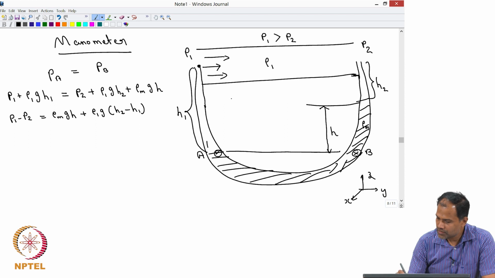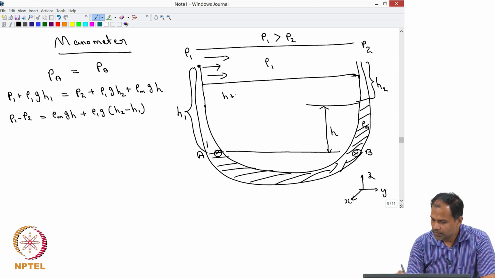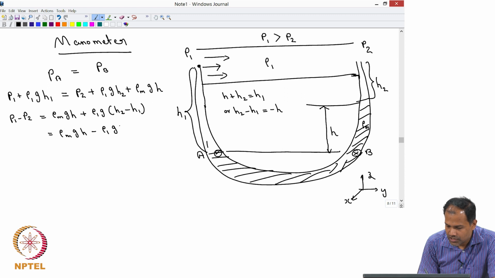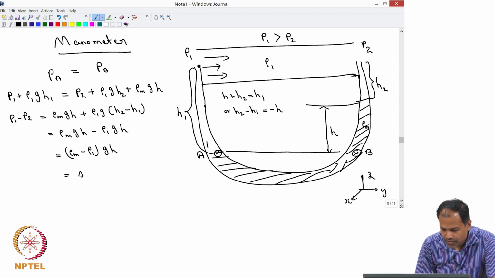So, that means you have H plus H 2 is equal to H 1, or H 2 minus H 1 is equal to minus H. So, I will use that: rho m G H minus rho 1 G H is equal to rho m minus rho 1 into G H, or simply delta rho into G into H.